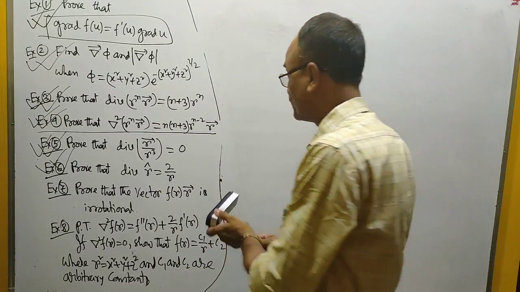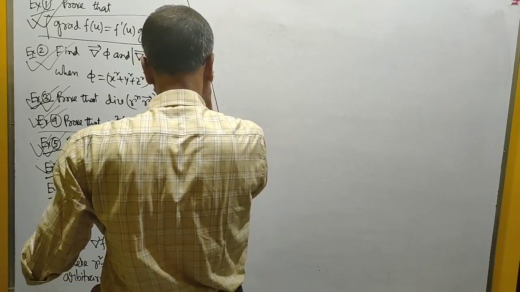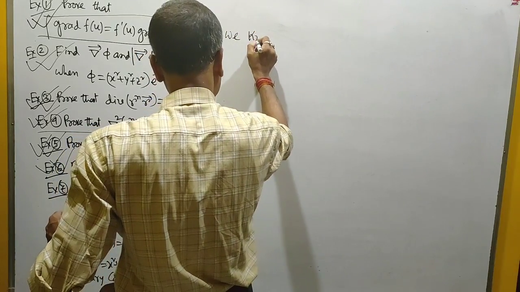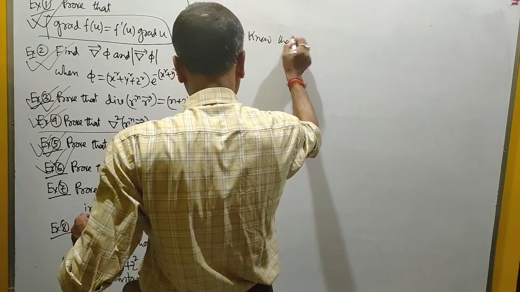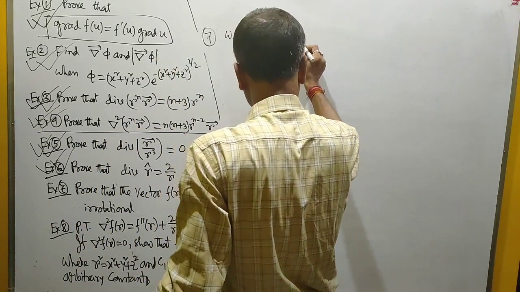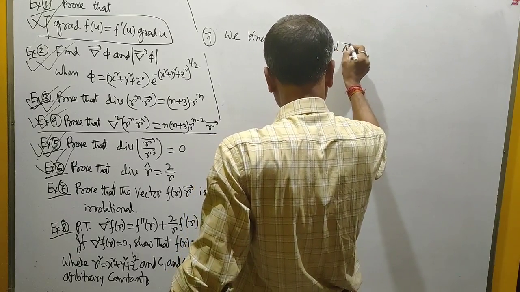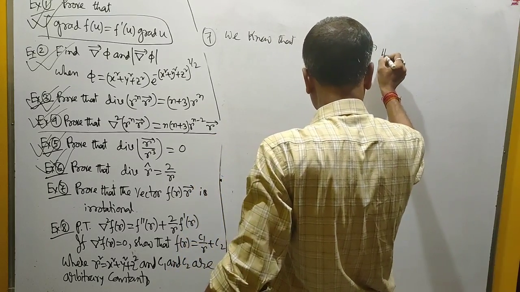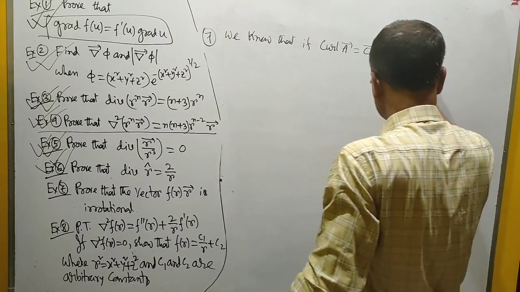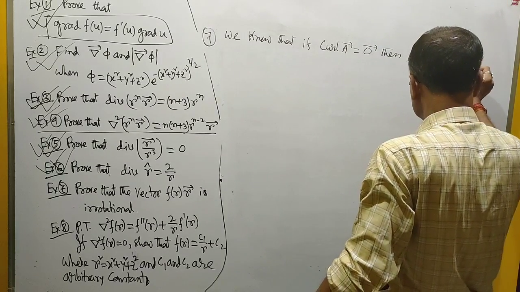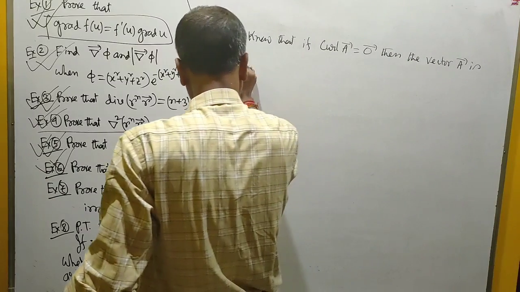Now, we know that, number 7, if curl A is equal to 0 vector, then the vector A is said to be irrotational.